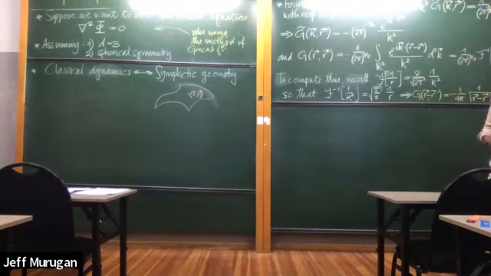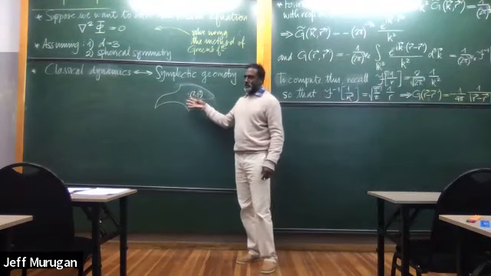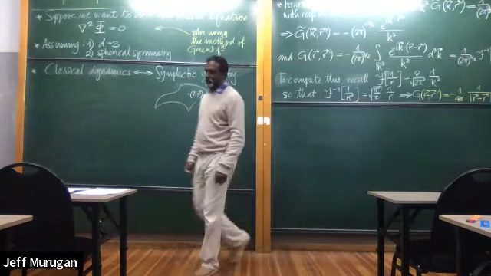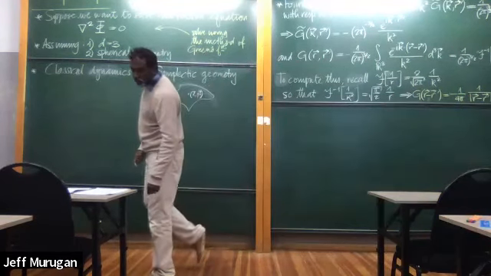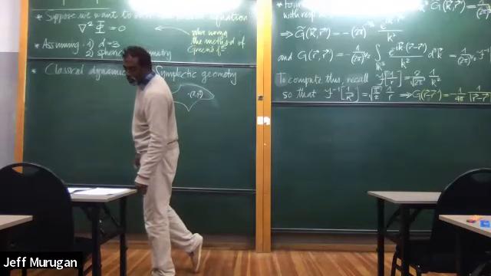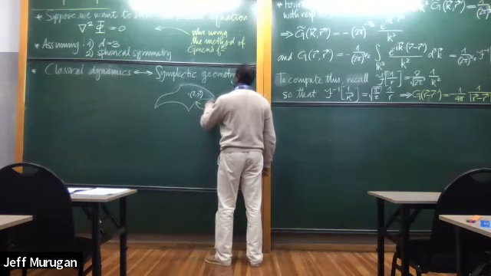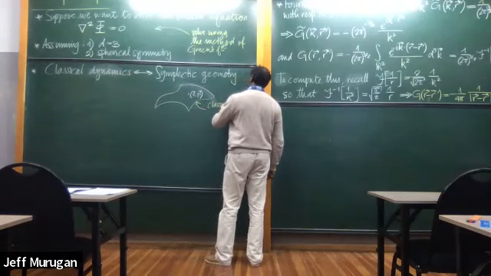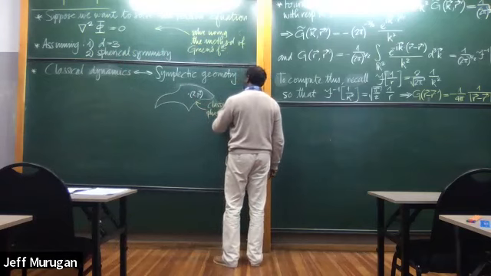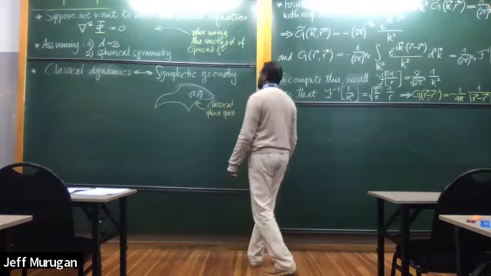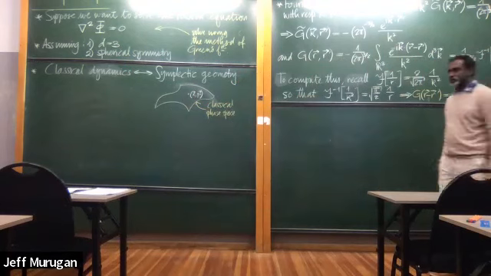And classical dynamics is really about geodesics, minimal distance paths on this phase space. This is classical phase space. And the position and momentum variables satisfy Hamilton's equation.